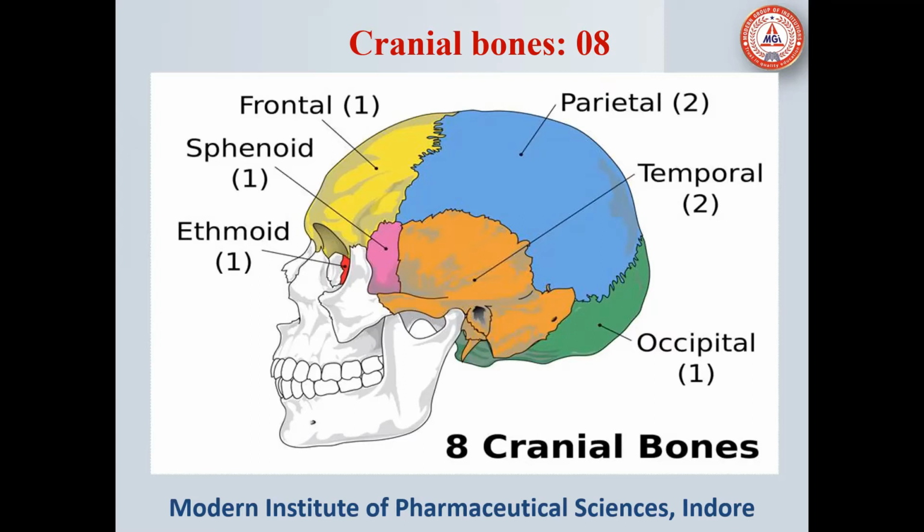The cranium is formed by a number of flat and irregular bones that provide bony protection for the brain. It has a base upon which the brain rests and a vault that surrounds and covers it.